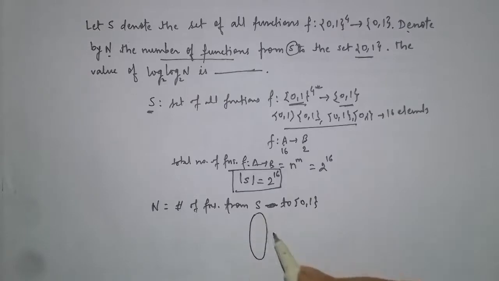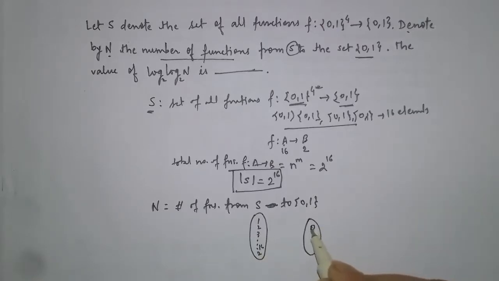Since the set S has 2 to the power 16 elements, and this set has only 2 elements, 0 and 1, every element will have 2 choices. The first element, the second element, the third element will each have 2 choices to form a function.